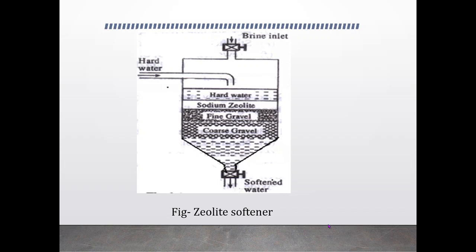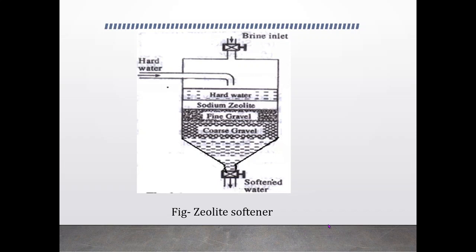Now what is the process of zeolite? In this case, the figure is giving you the idea of the zeolite softener. One tower is there in which different layers are present. First layer is of the zeolite, the sodium zeolite, Na2Z.